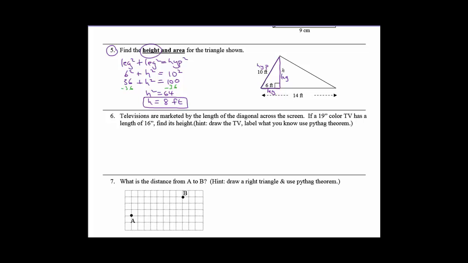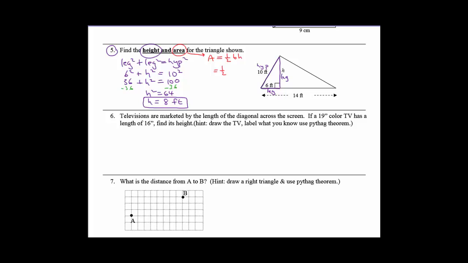Now, the rest of the question asks for the area. So now, to do the area, I'm going to need to know the formula for the area of a triangle, which is 1/2 of the base times the height. Sometimes people do it base times height and then divide by 2.